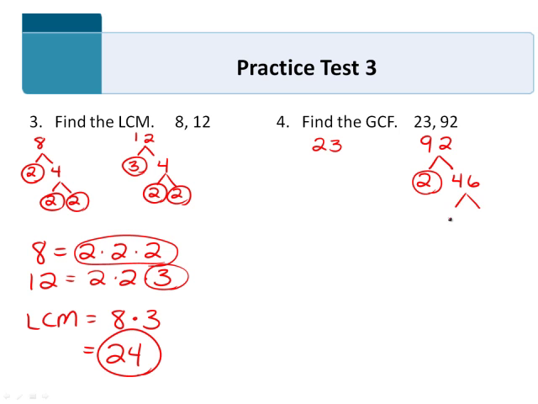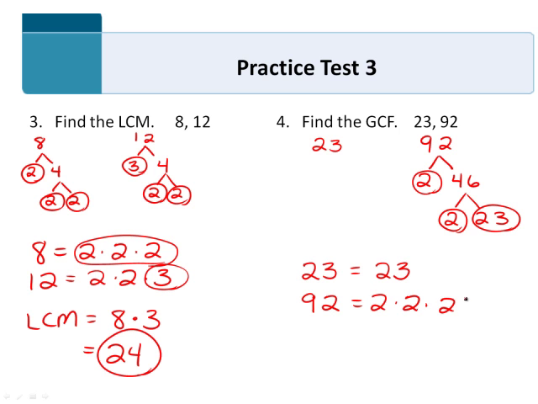I'm going to divide 46 by 2, and that gives me 23. So 2 is prime, so is 23. When we write down the first number, 23, we're just going to write equals 23 because it's prime. And then 92 is 2 times 2 times 23.